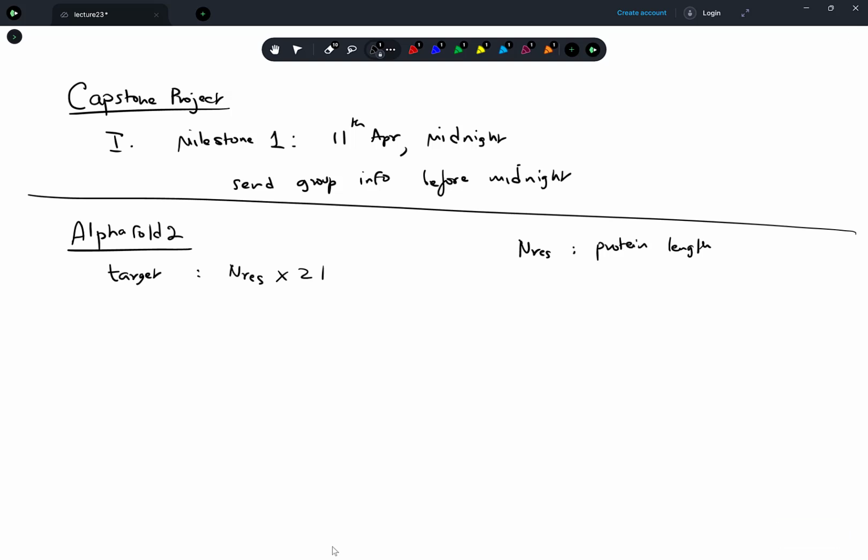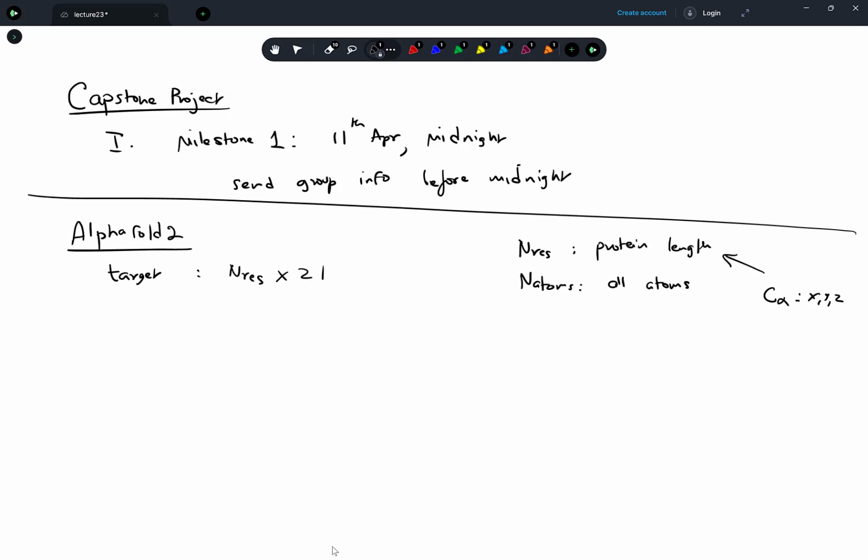The number of atoms can be much more, right? So n atoms is, if you want to do the full atomic, and we will not do the full atomic, by the way. So that's another difference: when you implement this, you're only doing the backbone, only the carbon alpha. n atoms is of course all the atoms, but we'll be predicting the C alpha X, Y, Z. By the end of part 2, that will be the output: the X, Y, Z coordinates for every carbon alpha atom, and there's only one carbon alpha per residue.